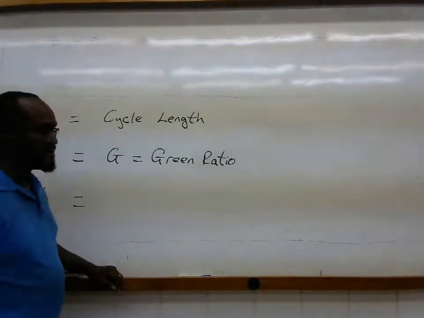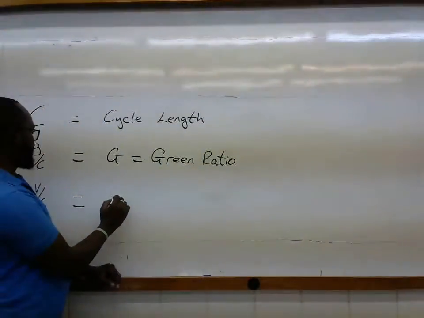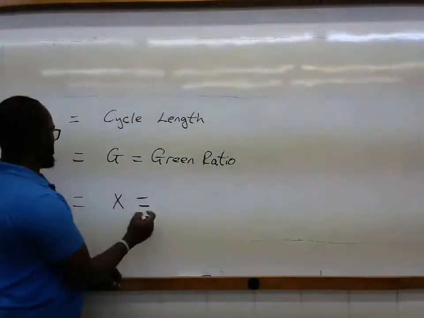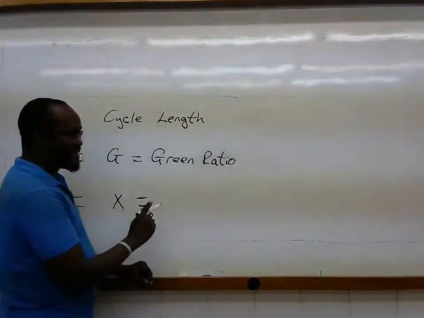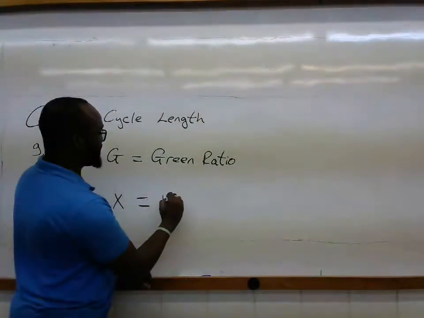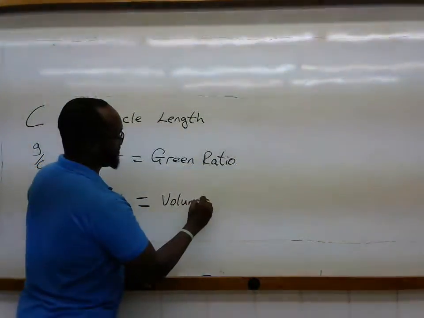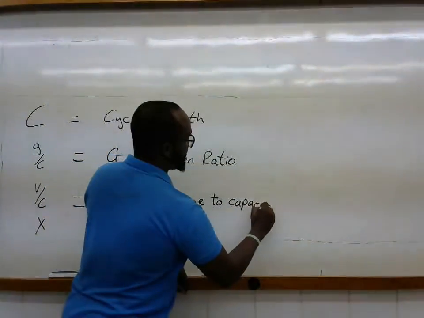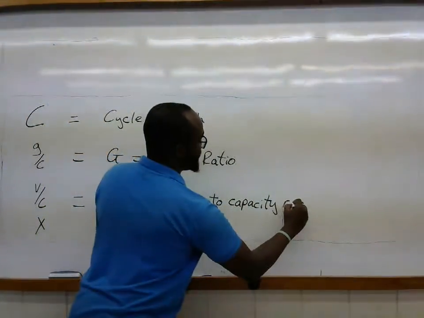V upon C is also referred to as X. X, so both terms being similar, is what's called the volume to capacity ratio.